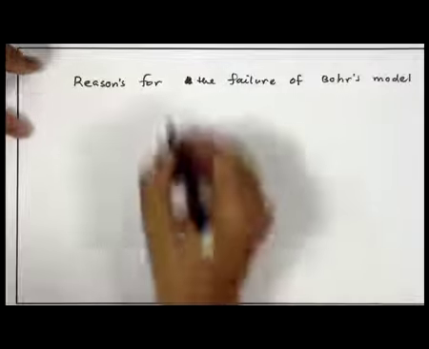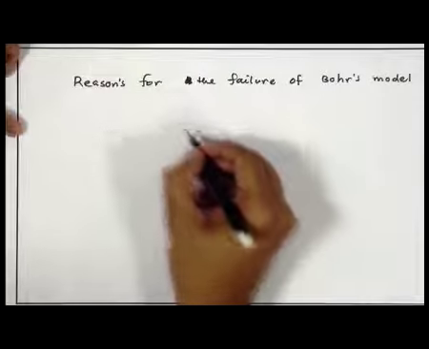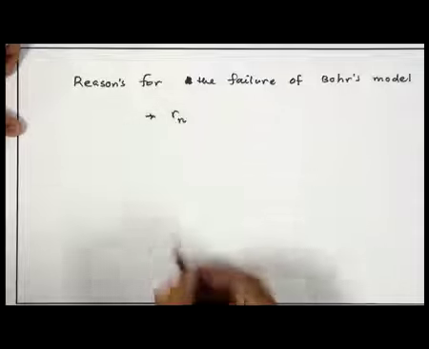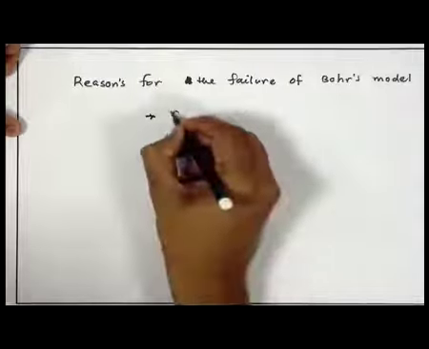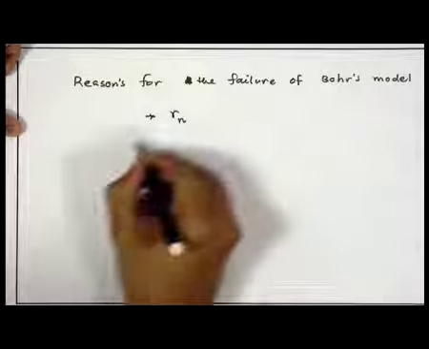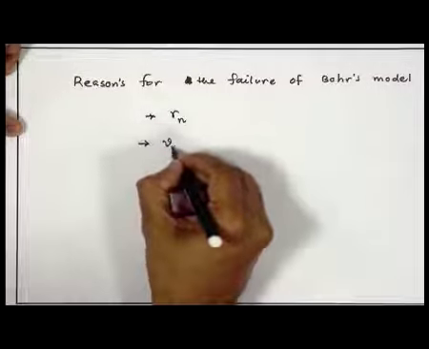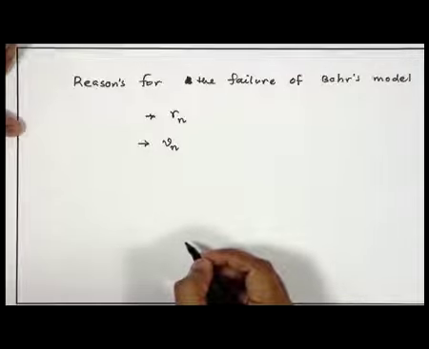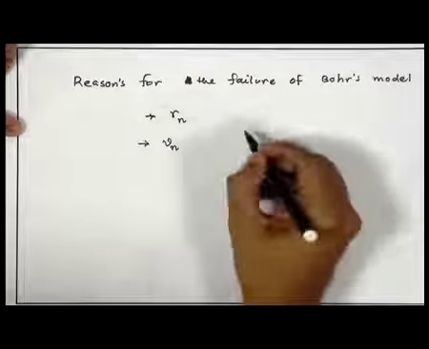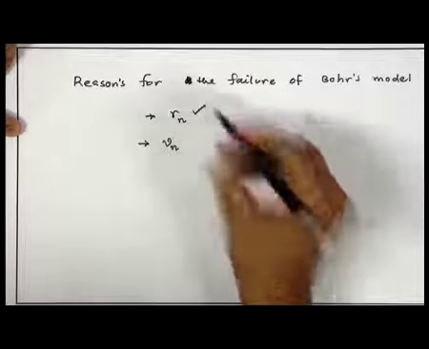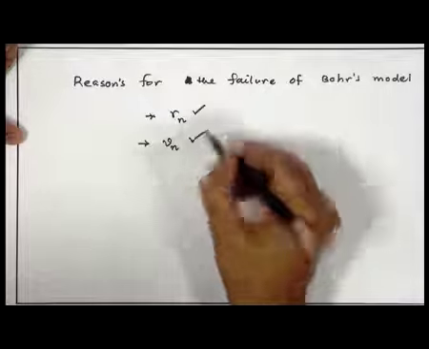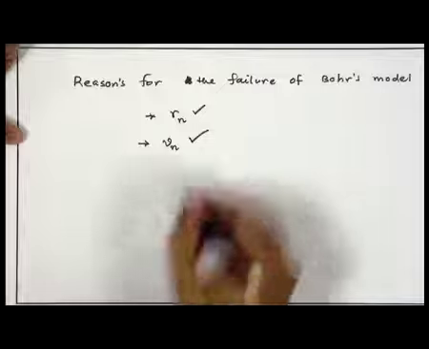If you remember, the results that were coming out from Bohr's model, we had an analytical expression for Rn, the radius of the orbit. We also had an analytical expression for the speed of an electron in an orbit, Vn. So, from Bohr's model, we knew precisely the radius, therefore we know the location of the electron. We also knew precisely the speed of the electron that is orbiting.